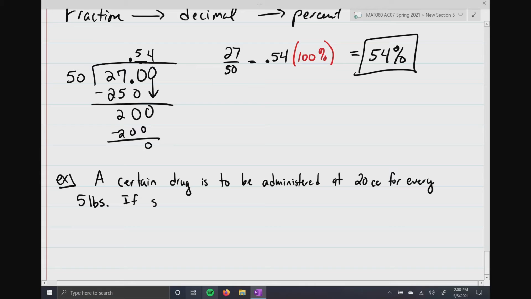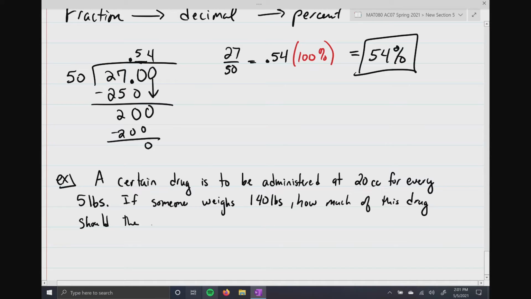If someone weighs 140 pounds, how much of this drug should the person receive?